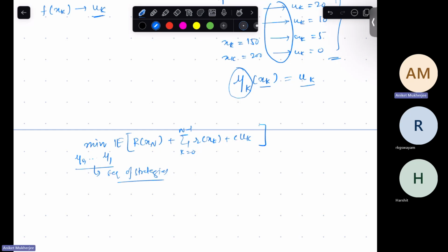So you need to come up with functions here, right? It's like you have a plan for every time step. And the strategy here need not be the same for every time step. It could be different. Like mu0 could be that, if I end up at 150, I'll buy 100. But your mu 10 or 20 could be that, if I end up at 150, I'll buy only 5, because I know that at time 10 I won't get that high a demand or something like that.